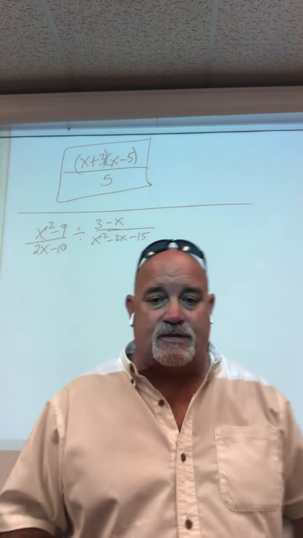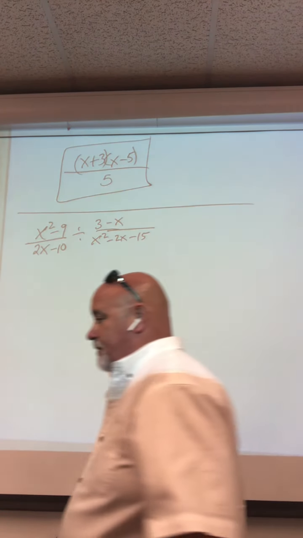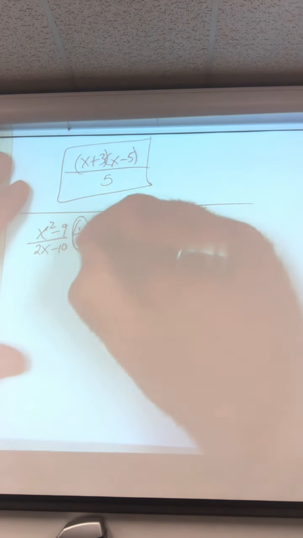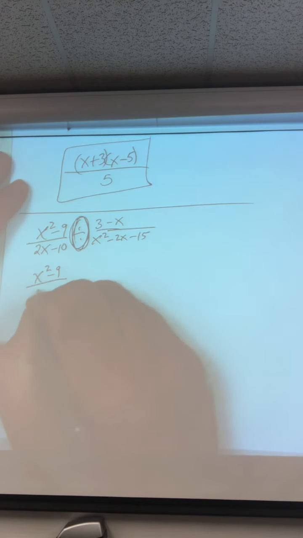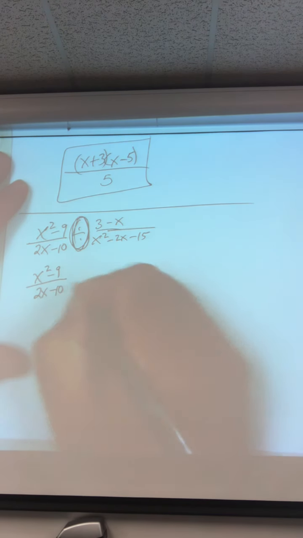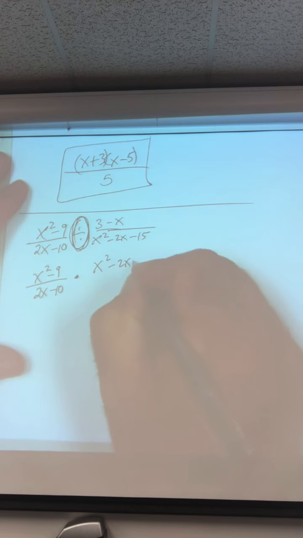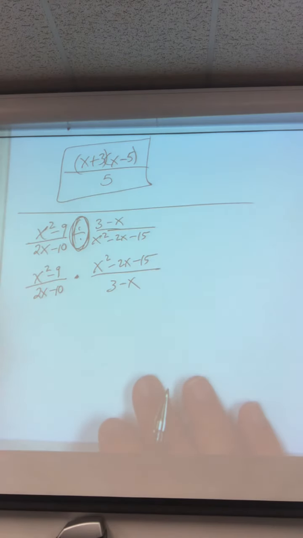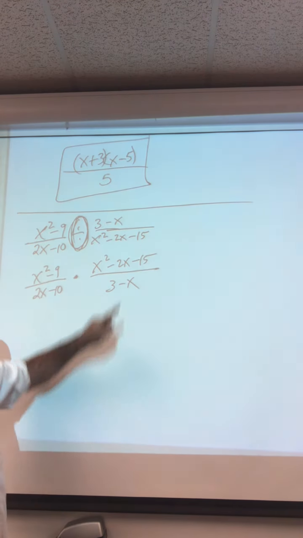All right, the steps in multiplying and dividing rational expressions. Step 1, if we are dividing, and we are, keep, change, flip the second fraction. So that's the first step. If we're dividing, keep, change, flip.